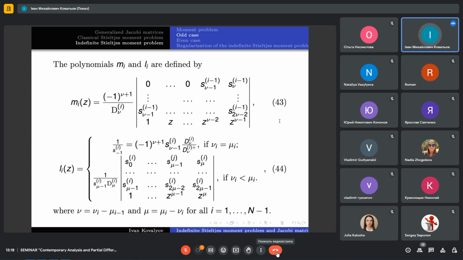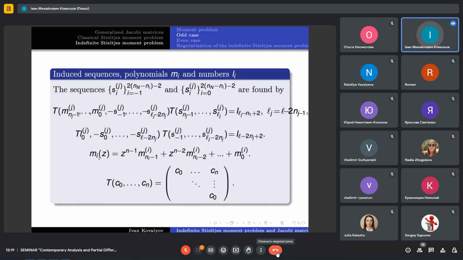Moreover, if the sequence S is regular, in this situation, l, j are constant. But in the general case, l are polynomials.